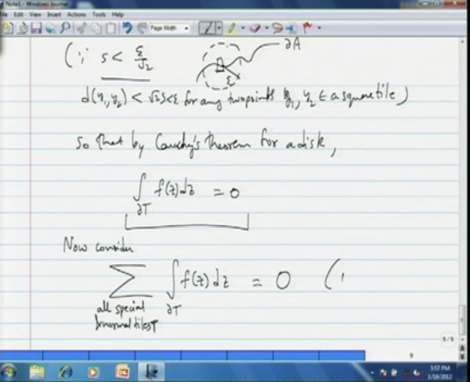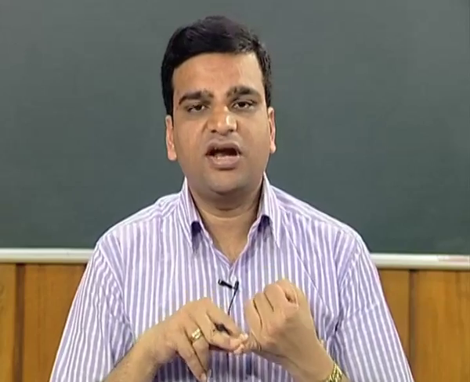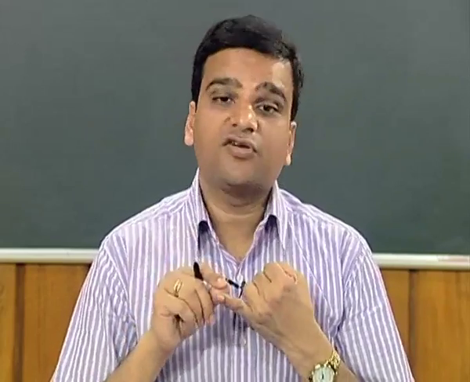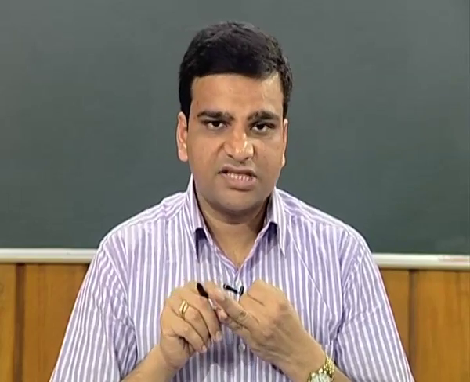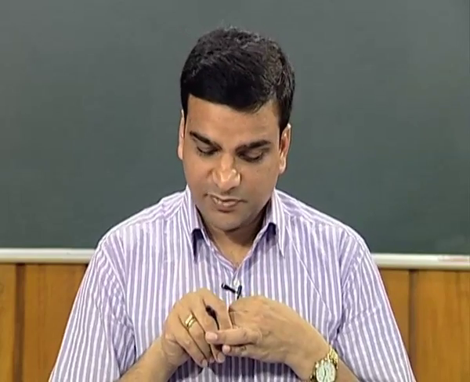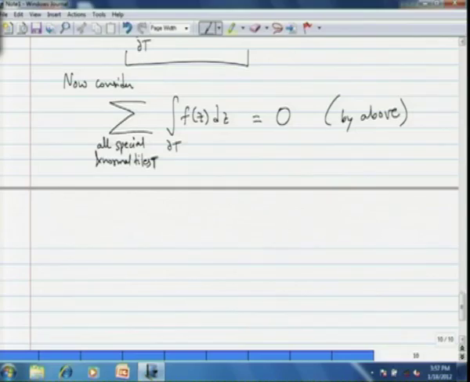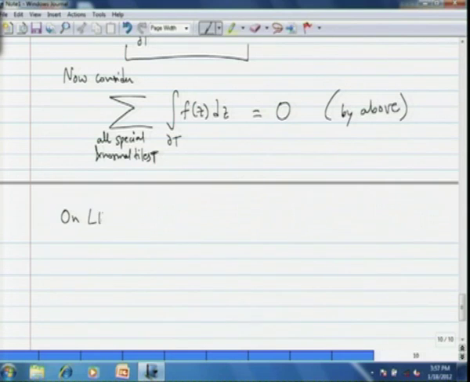So, this is 0 by Cauchy's theorem version 1 for normal tiles and Cauchy's theorem version 2 for a disk for the special tiles. Now, this equation is important. We will analyze the LHS, the left hand side of 1, let us call this 1.